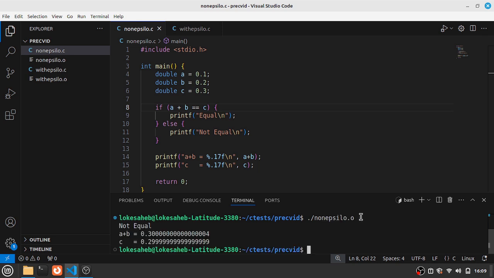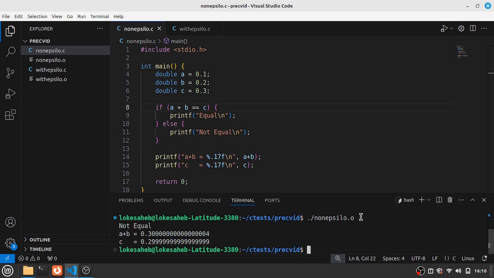Here, in the program that we have written, we have declared three doubles: 0.1, 0.2, 0.3. Then we have an if condition that compares a plus b to c. Ideally 0.1 plus 0.2 is 0.3, but when we compare it to c, which is 0.3, we get not equal.